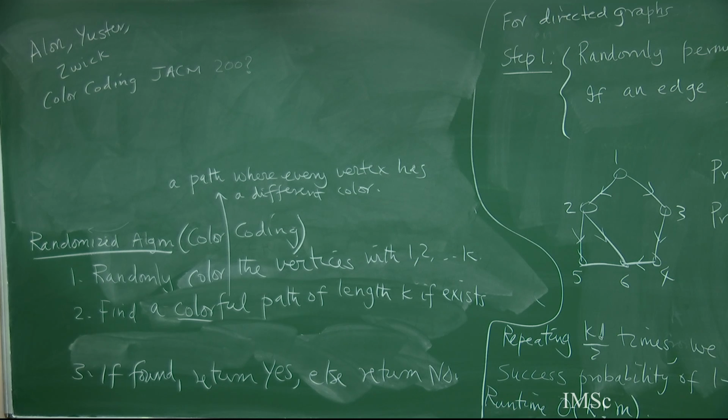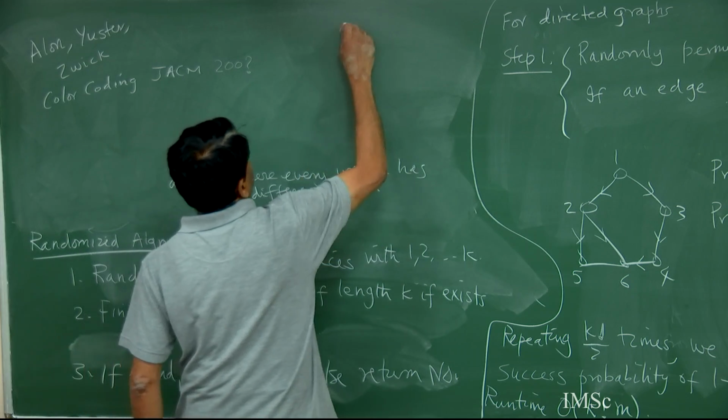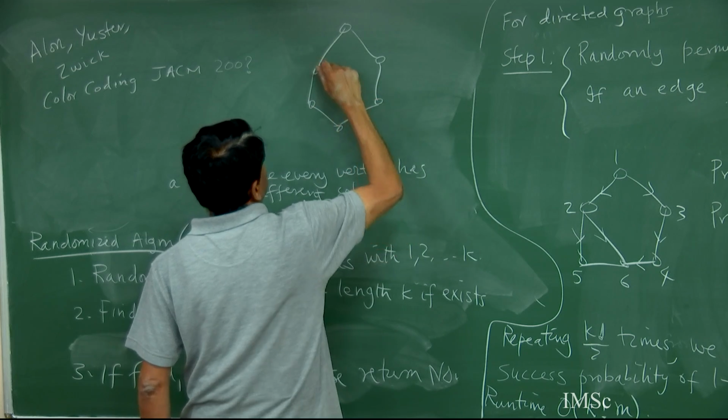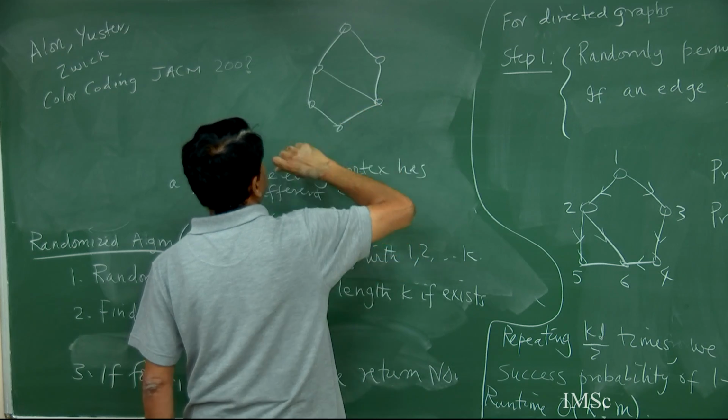Now I am doing some randomization to make my life simpler. So what am I saying? I want to find a path of length k where every color is different. It's very hard to do toy examples here.